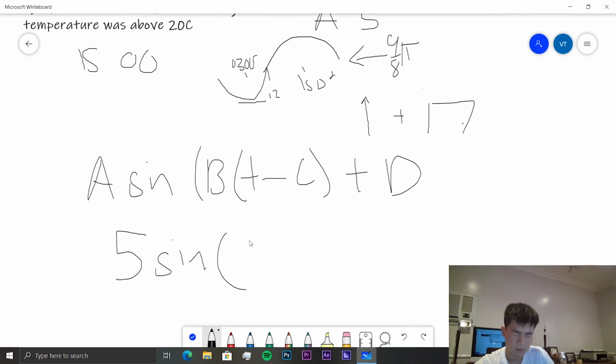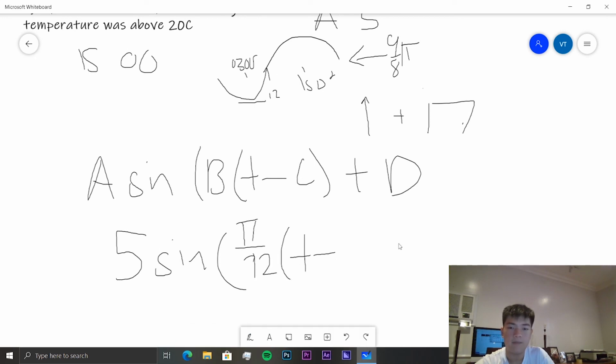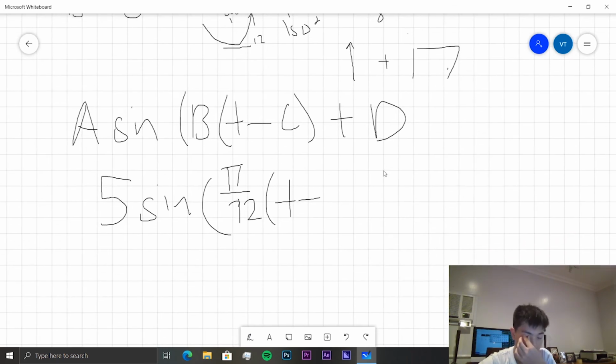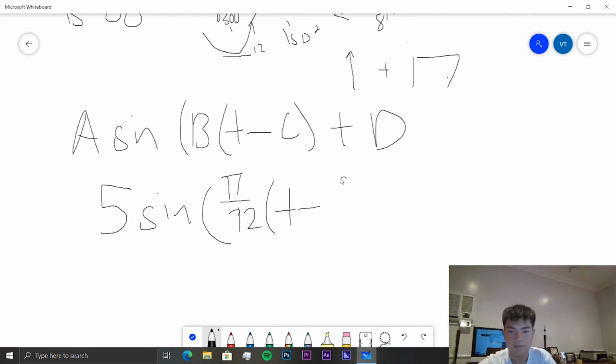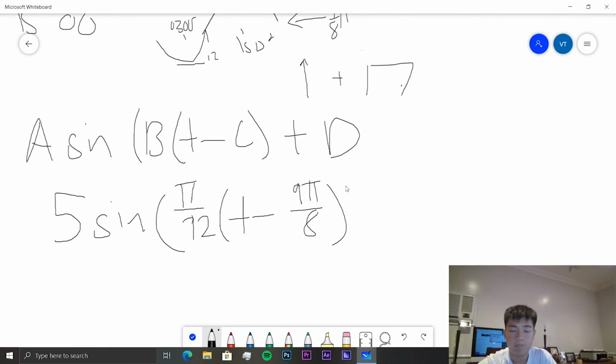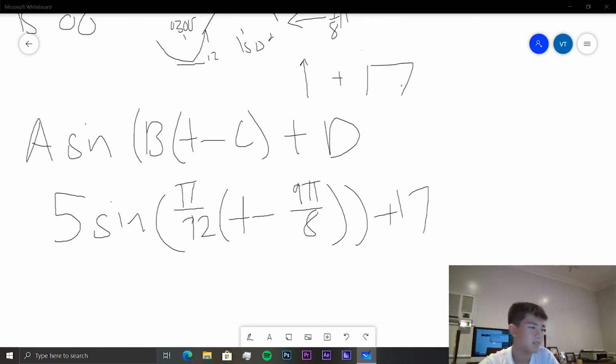So 2 pi over 24 is equal to 1 over 12 pi. So pi over 12 of t minus, and then this is how much we're shifting it by, which in this case is 9/8 pi. Plus 17. Is that correct? I think that's correct.